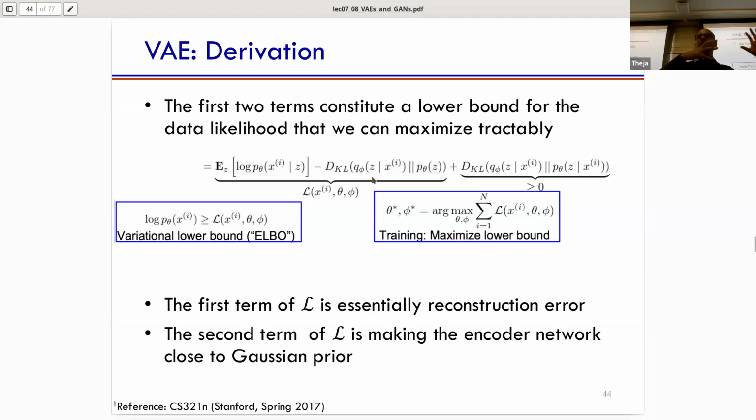So the encoder given X is generating some distribution on the latent space, and how far is the distribution from our preferred distribution, which is the Gaussian distribution? That distance is being captured by the KL divergence. So the second term is basically the latent loss. So that's how you get the reconstruction error and the latent loss.